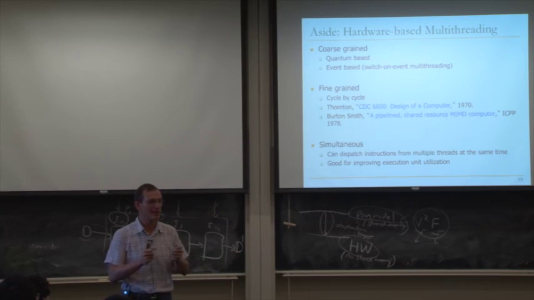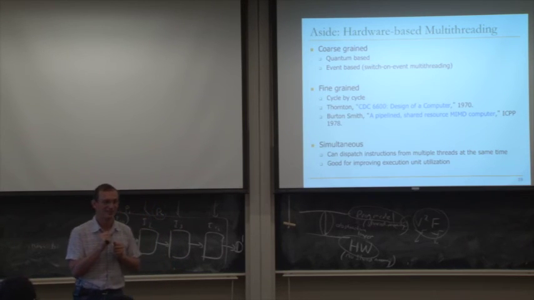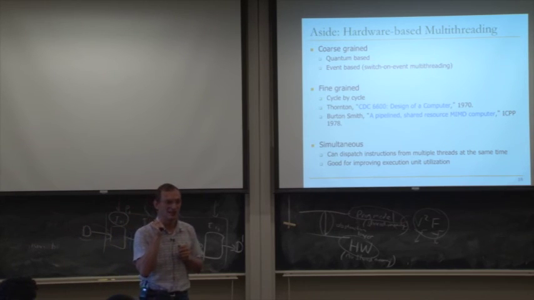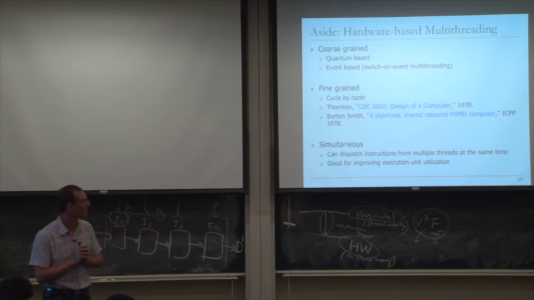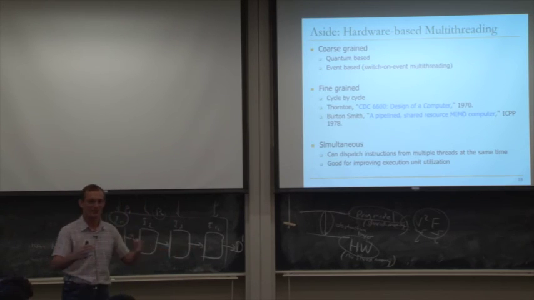Because you know that there will be no 2 instructions that are dependent on each other, at least at the register level. You know that you don't need to predict the direction of a branch to keep the pipeline full, because you're not going to fetch the next instruction from the same thread until that branch is resolved. That's the benefit of fine-grained multithreading. Except it requires that to keep the pipeline full, you have to have enough threads.